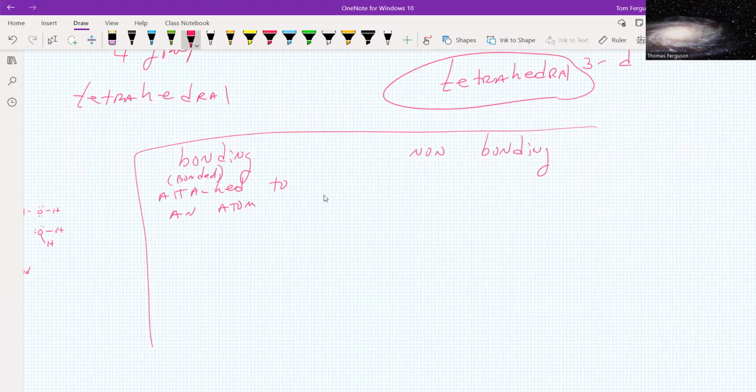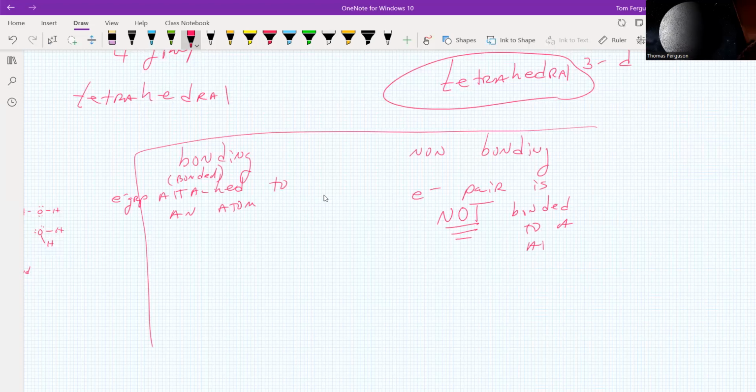Now I'm talking about the electron group. An electron group is attached or bonded to an atom. Non-bonding means the electron pair is not attached.